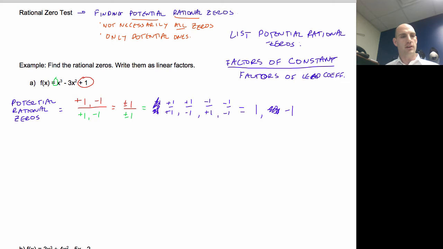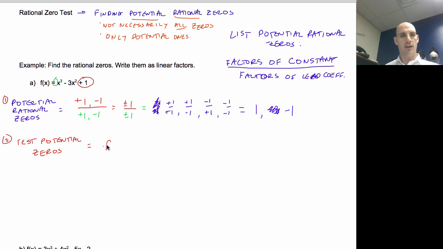And so what I'm going to do is test potential zeros. So when I test the potential zeros, what are the ways I could do that? Well, if something is a 0, that means that when I put the x value in, I should get 0. I should get 0 when I put it in.